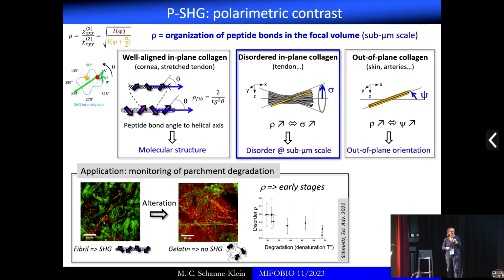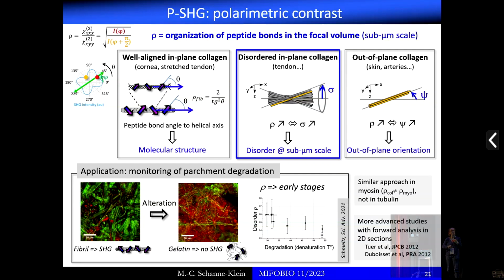But at the very, very first steps, there is some small disorder introduced within the focal volume before denaturation, and this can be measured using this parameter. So it's a very early stage of degradation. Here the degradation is higher in this direction when the denaturation of collagen is smaller. So this was done by my colleague Gaël Latour and Lauriane Robinet, who was attending Mifobio this year.